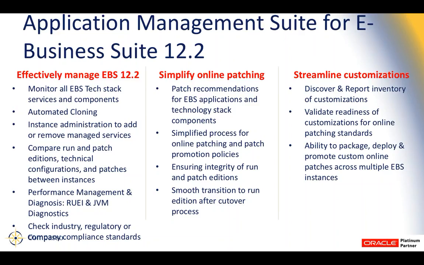Obviously, there's the monitoring, the ability to automate your cloning so you can refresh your environments more often and keep them up to date with production, to create new environments and multiple environments as you're building out a new version. So whether you're running on 12.2 already and you're having to refresh your environments, or you're planning on a migration from 12.1 to 12.2 and you know you're going to have to build out a lot of 12.2 environments quickly, these tools all come into play.